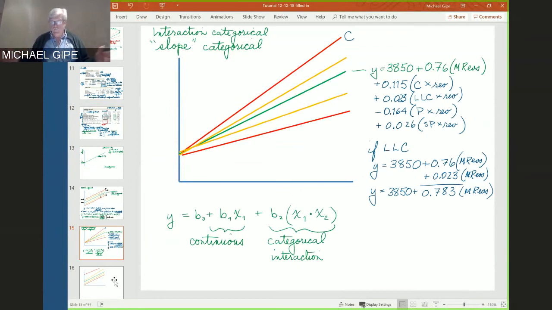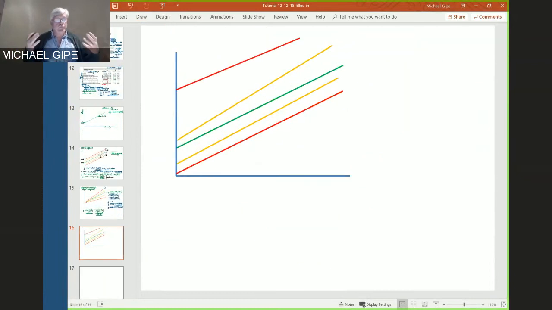Now, finally, we add them all together. We've got the intercept or parallel contribution of the categorical variable itself, plus the slope change for the interaction terms. And now you can see that we're going to add both of these effects, shifting the regression line and changing the slope of the regression line.